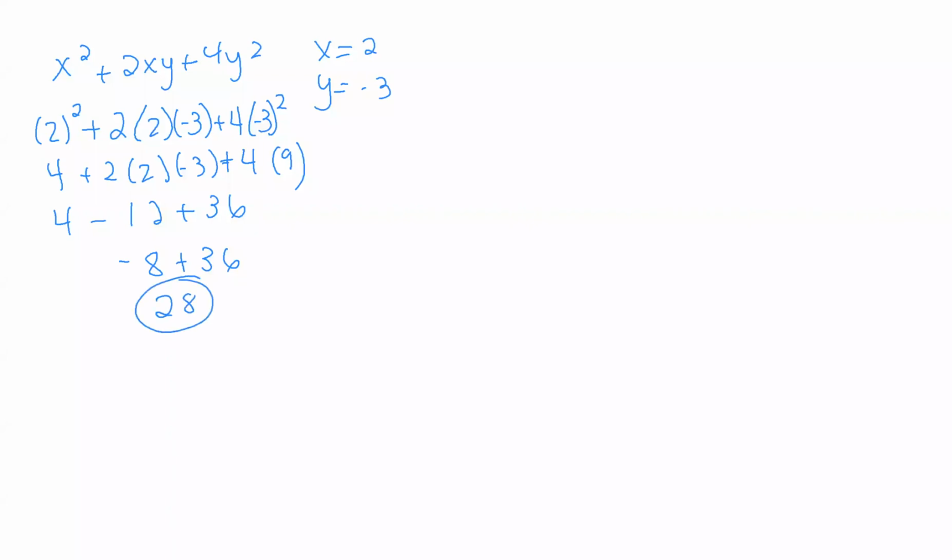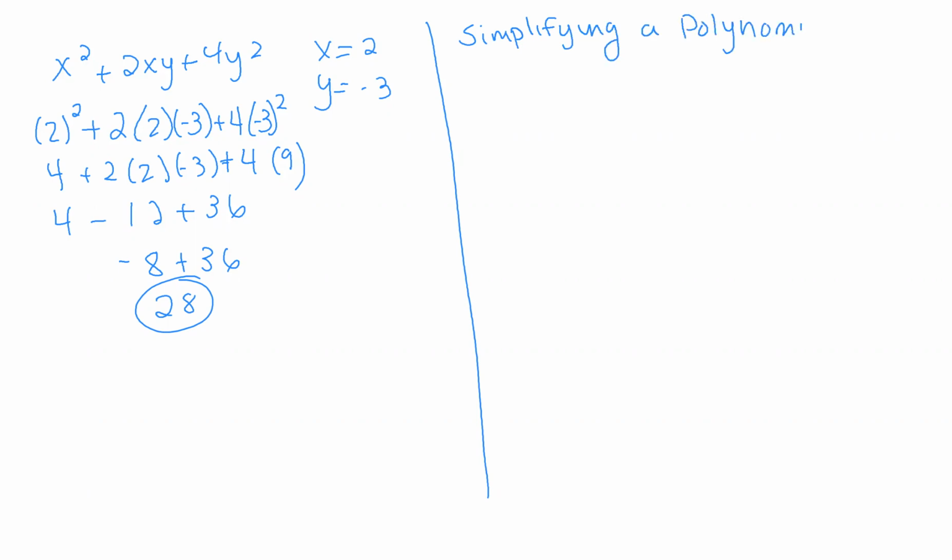Okay. So the last thing I want to talk about in this particular case is simplifying a polynomial. And just like before, when you first learned about algebraic expressions, what you did is you evaluated algebraic expressions and you simplified algebraic expressions. This is simply combining like terms.